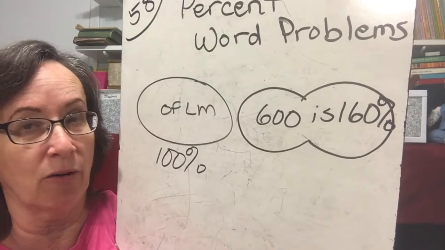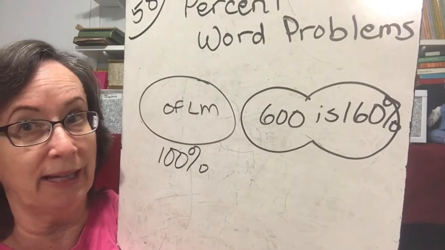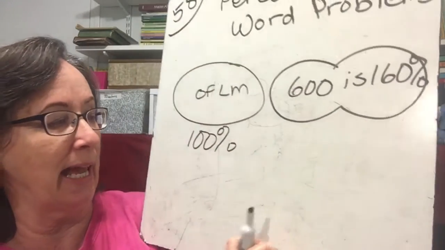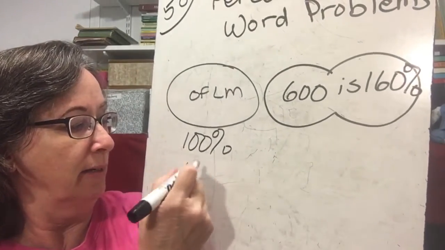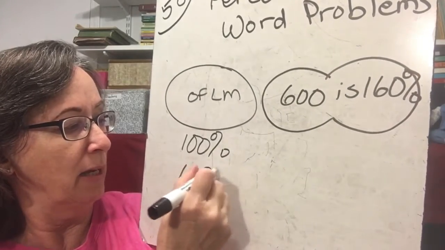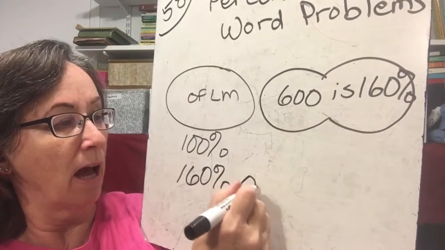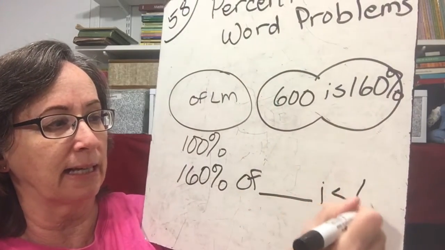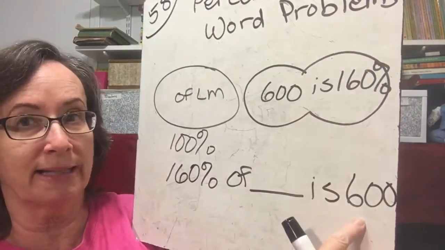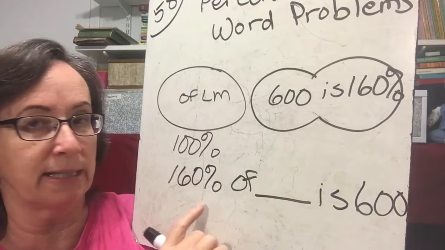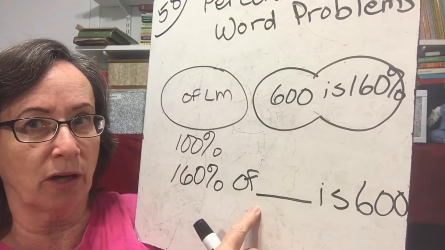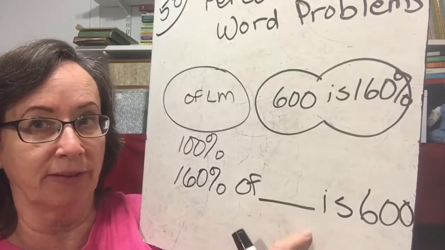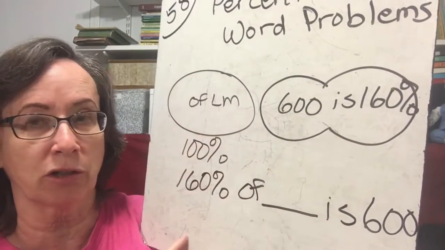Okay, so now the way I would do it is I would say 160% of what is 600? Because we know the 600 is the 160%, but we don't know what number the 160% of is. So we don't know the original here.